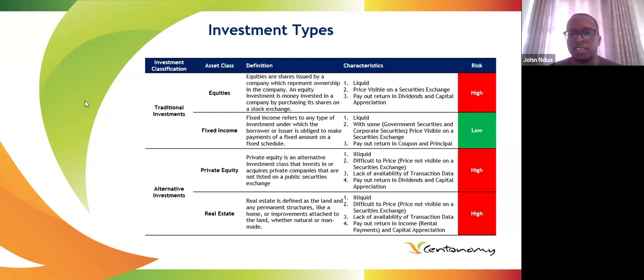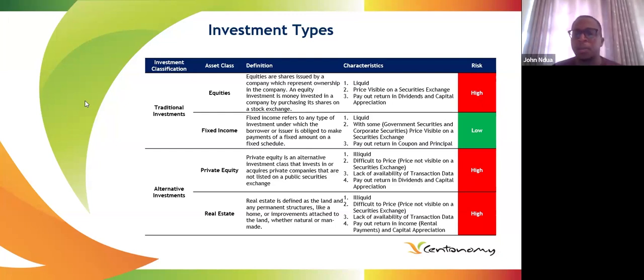So what are the characteristics of a fixed income security? Number one, they are also liquid. The majority of the fixed income securities we have are either government securities or corporate, meaning that they are issued by companies. So they are liquid, meaning if I buy a bond, I can sell the bond within a week and get my money back.